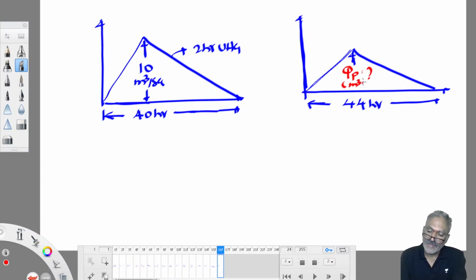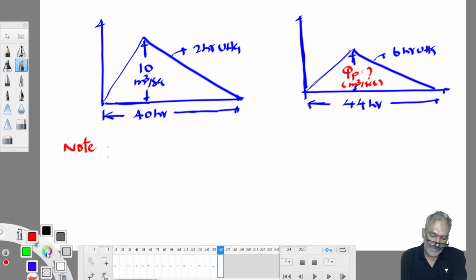So let us assume this in meter cube per second. He is asking this in meter cube per second. This represents the 6-hour storm. Both storms have occurred on the same catchment, therefore the catchment area is the same for both storms.